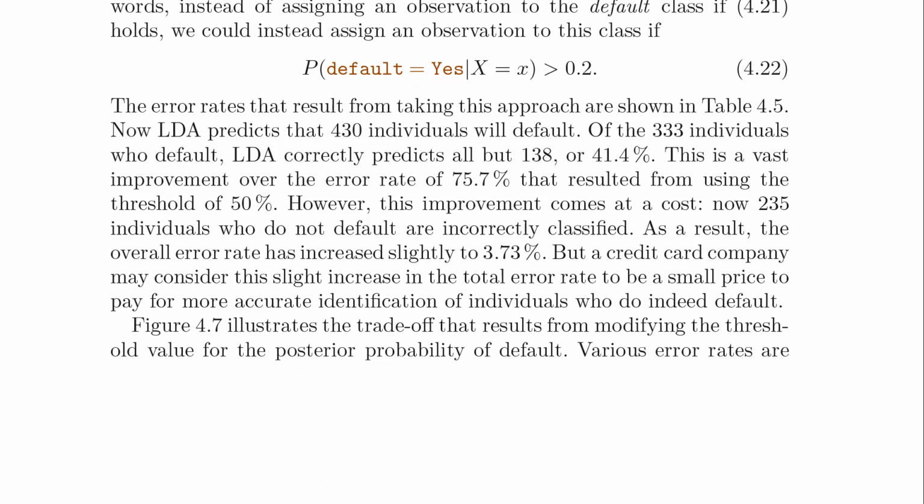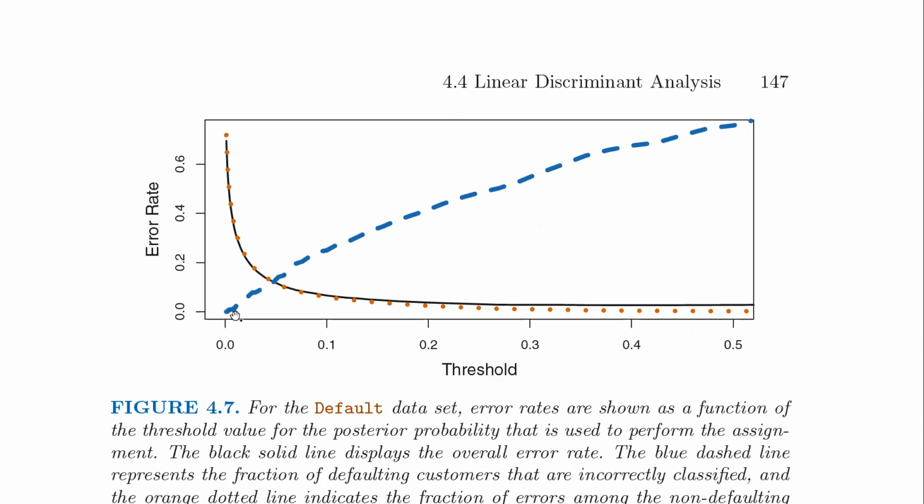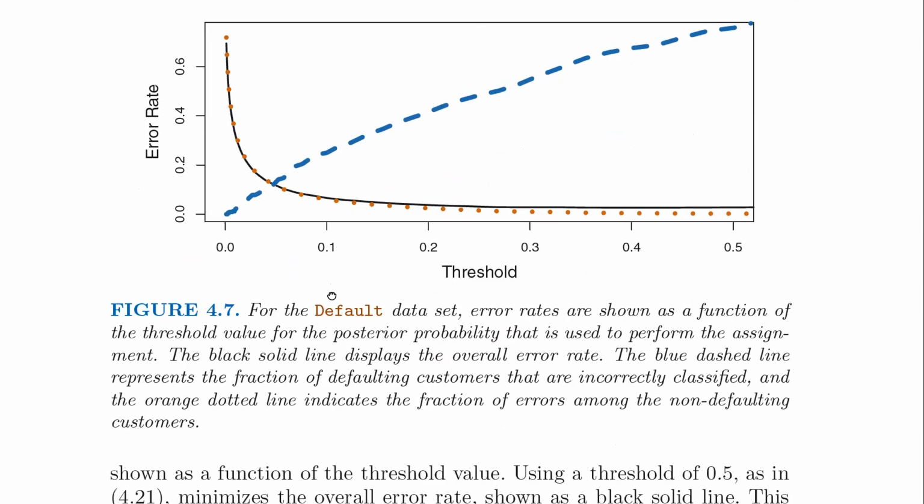Figure 4.7 illustrates the trade-off that results from modifying the threshold value for the posterior probability of default. The threshold is at 0.2. So let's have a look.